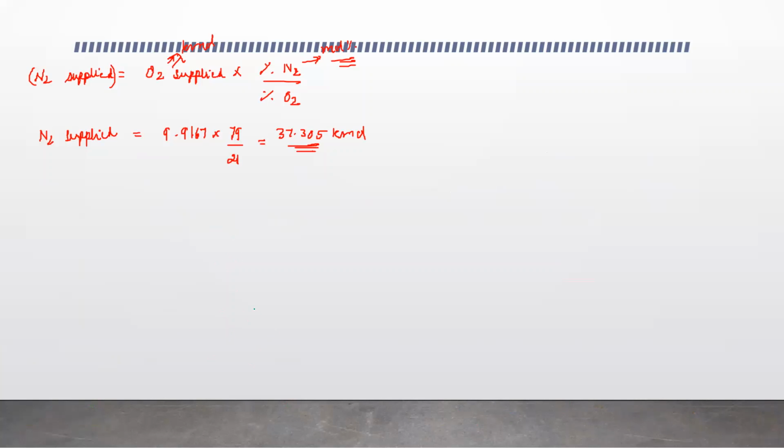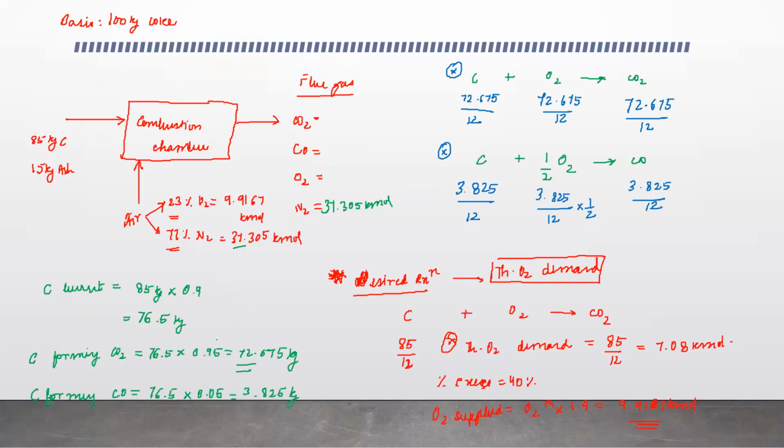All right. So oxygen supplied. Next, we have to calculate the carbon dioxide here and carbon monoxide here, so that, as we discussed, these many kilomoles are going to be here. From the stoichiometry itself, we've got 72.675 by 12 kilomoles of carbon forming carbon dioxide.